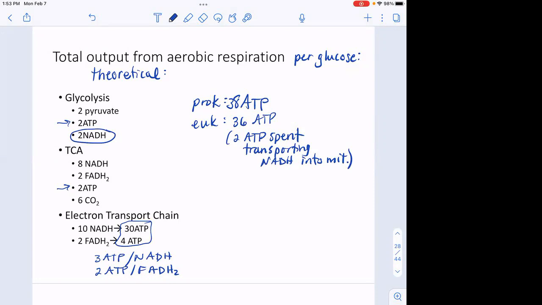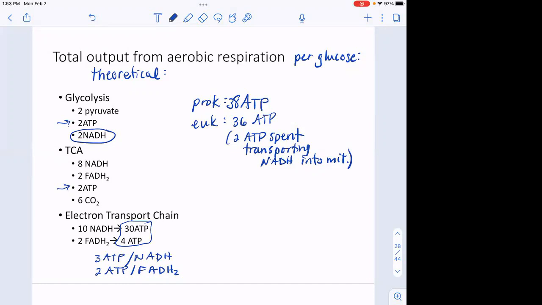Now, I emphasize theoretical because organisms will actually use that proton motive force sometimes for other things. For instance, bacteria will use the proton motive force to power flagella movement. Not so for eukaryotes, they use ATP.